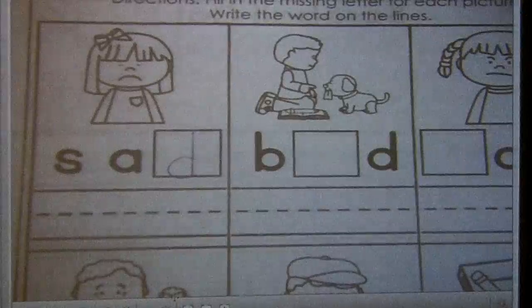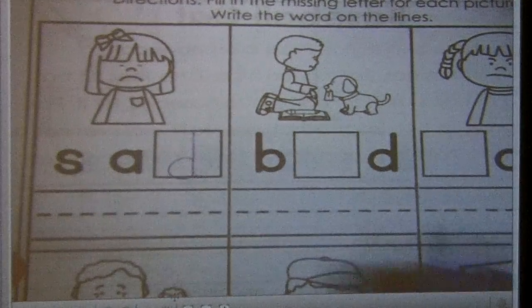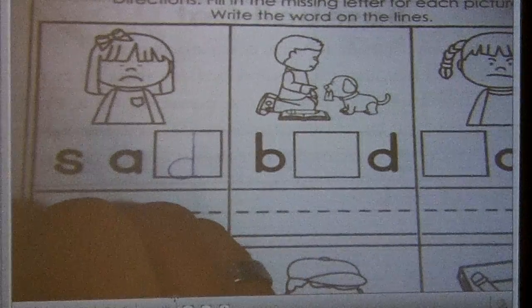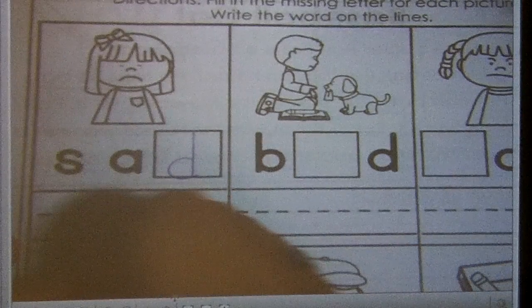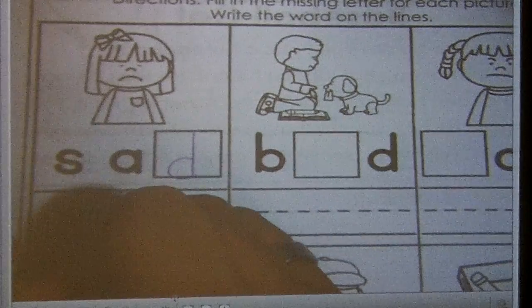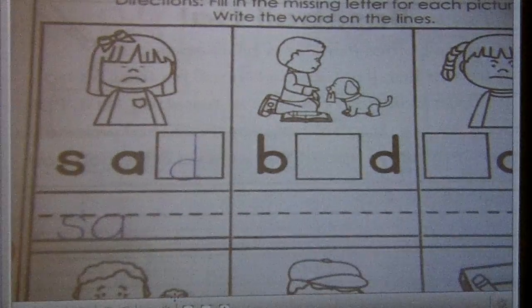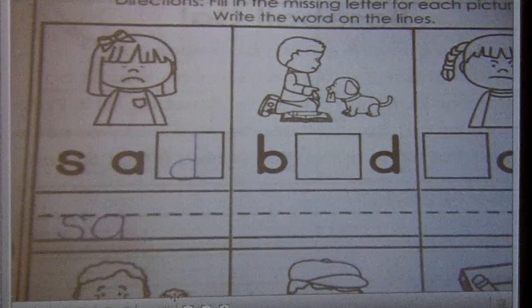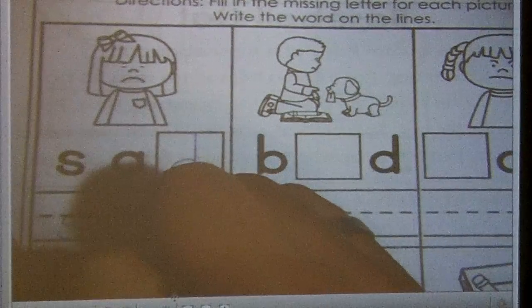So let's start with the S. We know that the S starts below the dotted line because it is a lowercase letter. So we will do S. Then we're going to make an A. We start by making our circle. And we want to give it a leg. We don't want that circle to roll away. And then we're going to make a D. And again, we start at the top and we come straight down.